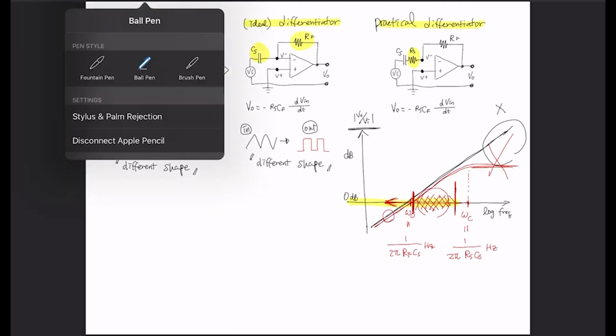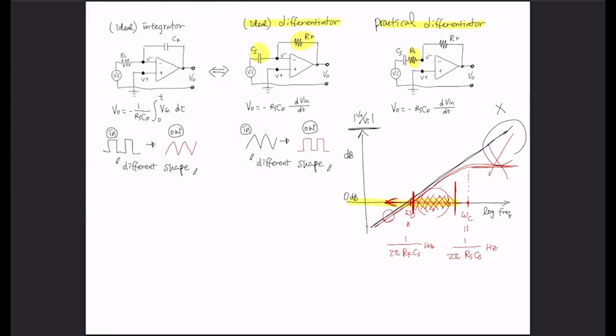So in the lab, again, you're going to form this circuit and that circuit, and for this ideal differentiator, you are going to excite your signal at this omega mid. For the practical one, you would like to see how your output is going to be different at low frequency, mid frequency, and high frequency.